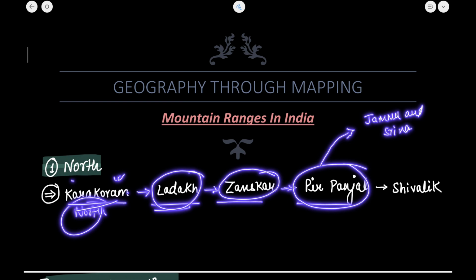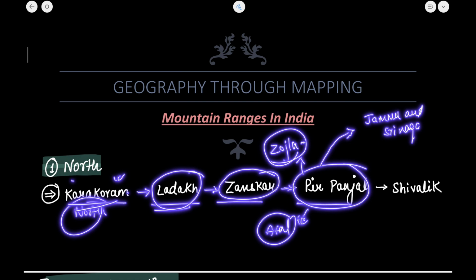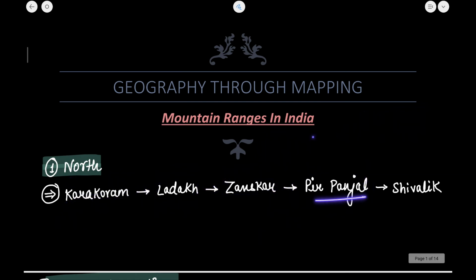The Atal tunnel that we talk about is also an extension of this. Also, the Zojila Pass that connects Jammu and Srinagar is on the Pir Panjal range. Now south of this is Shivalik, which lies in the area of Himachal Pradesh. So this is the extension in the northern part.